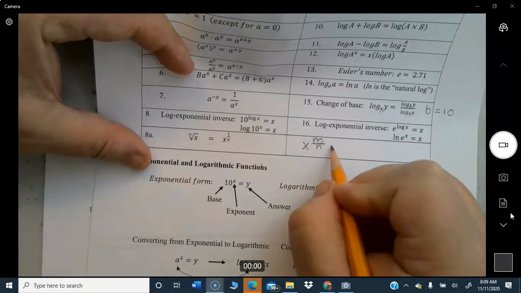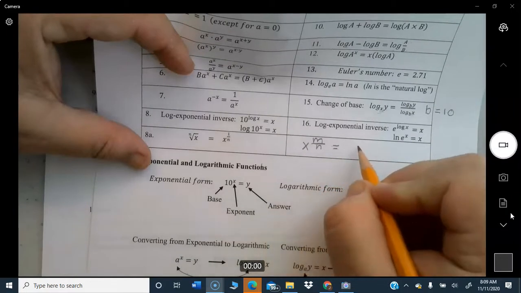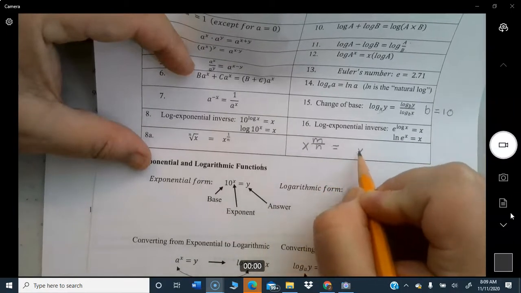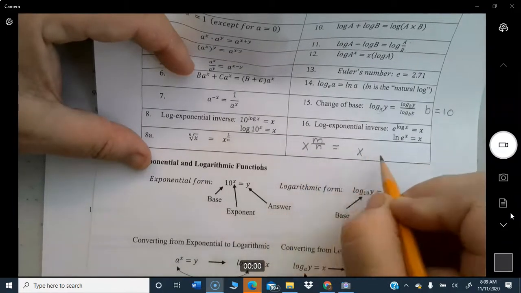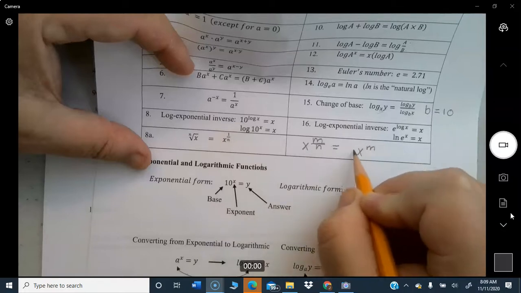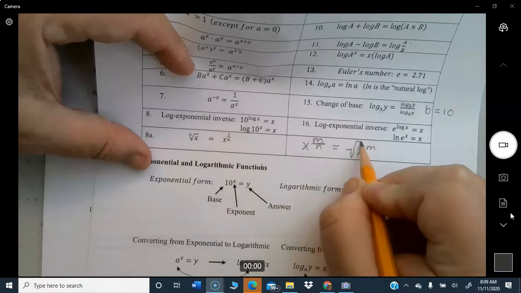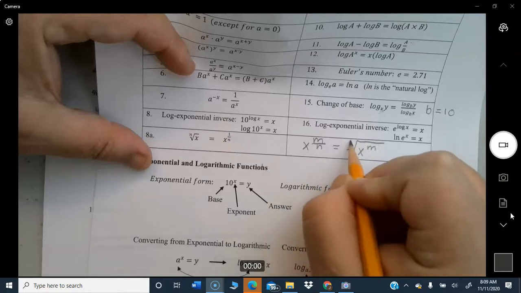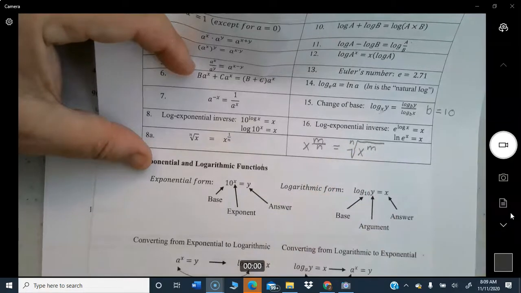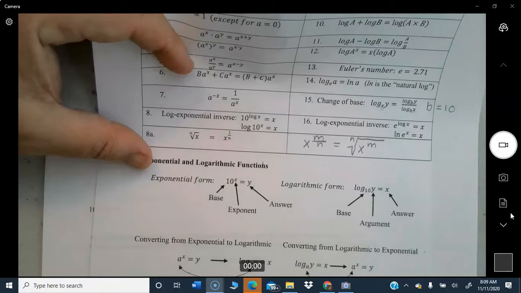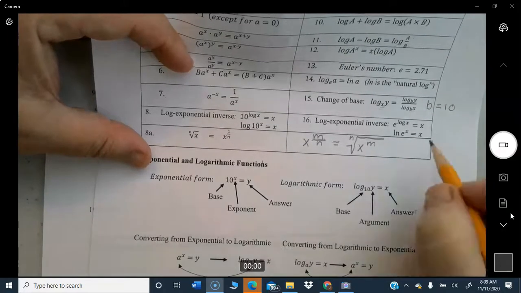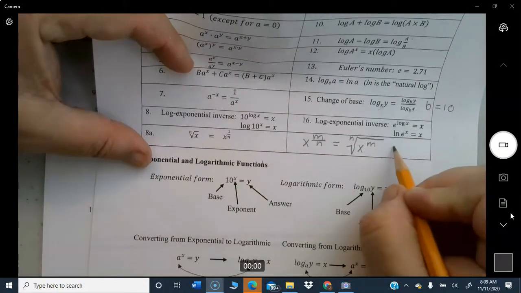That's equal to x raised to the top number there, the m, and then you take the n root. The bottom number is the root. Okay. So I showed you an example of that earlier. Let's just go ahead and take an example. What about 4?